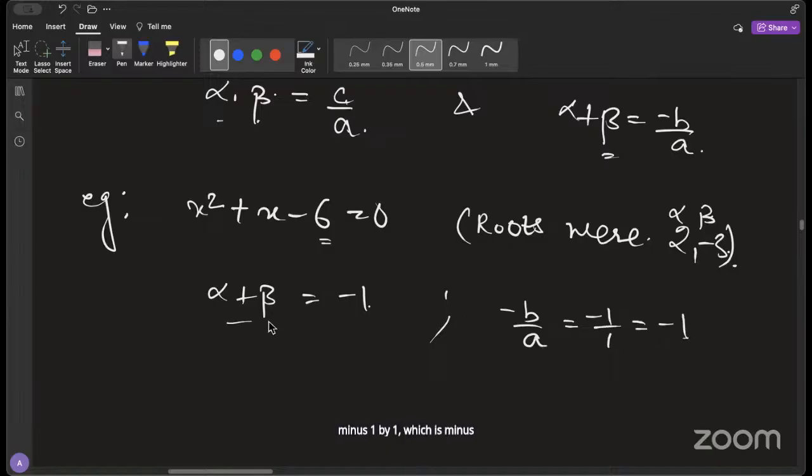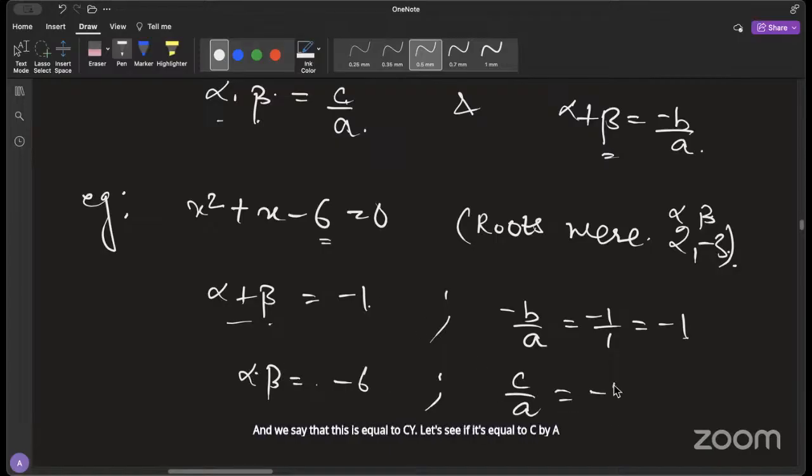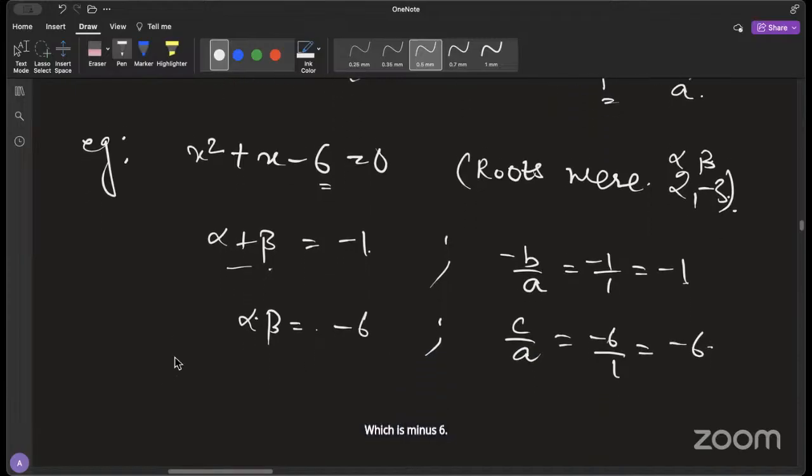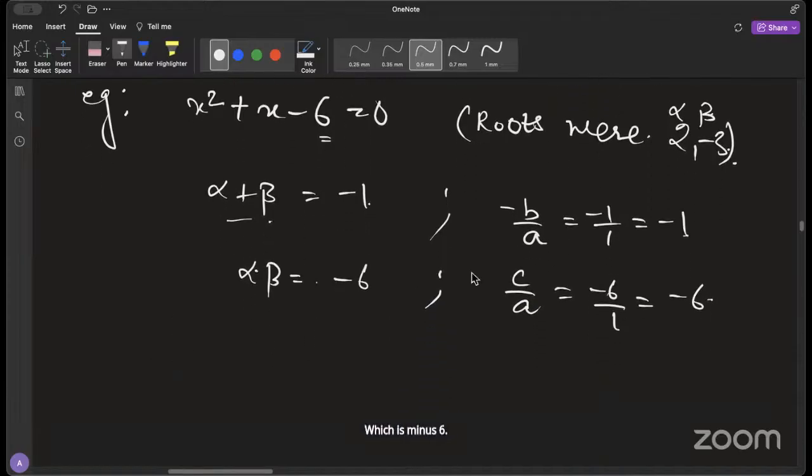So alpha plus beta, the sum of roots, is equal to minus b by a. Then you have alpha into beta, that's going to be 2 into minus 3, so it's minus 6, and we say that this is equal to c by a. Let's see if it's equal to c by a. C by a is minus 6 by 1, which is minus 6.